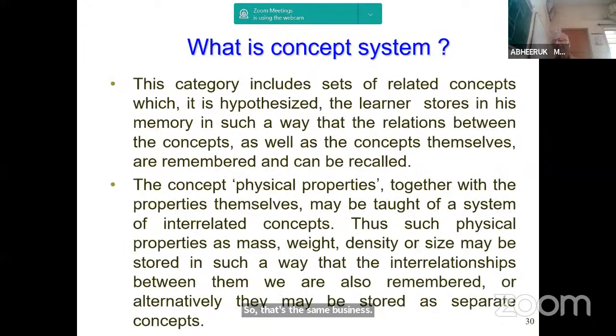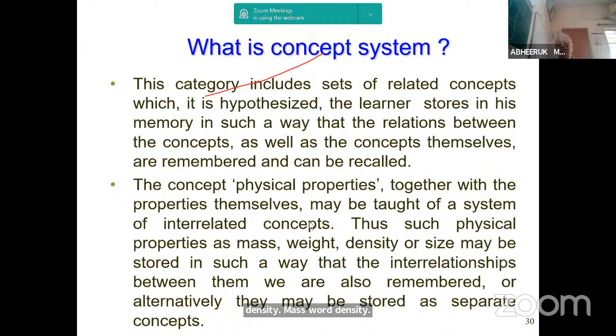Concept system. What is a concept system? This category includes sets of related concepts. I think in physics you have read, when you are taught, these three things are very related. These are sequentially taught: mass, weight, density.